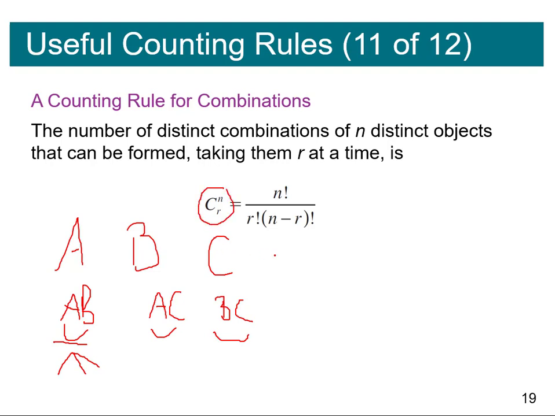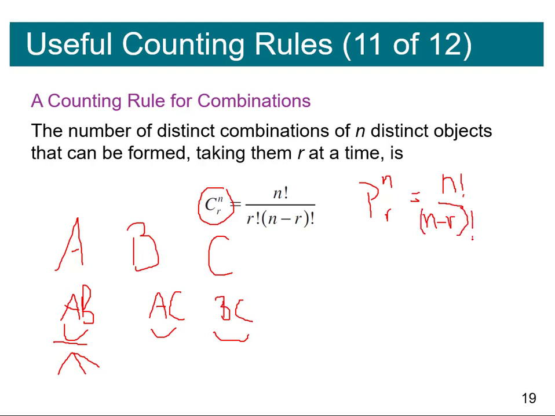Okay, so what was the formula for permutations? It was P(n, r). Now I wrote it wrong last time at first, but now I remember that it's n factorial over n minus r factorial. That was the formula before.